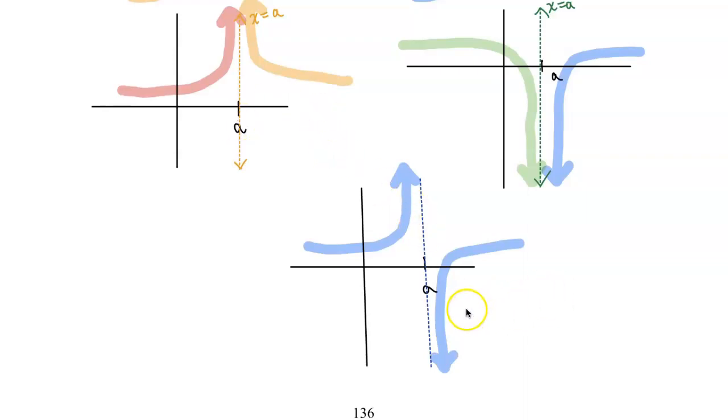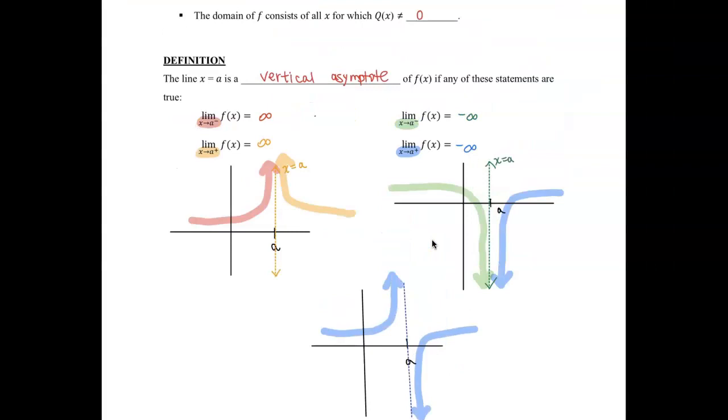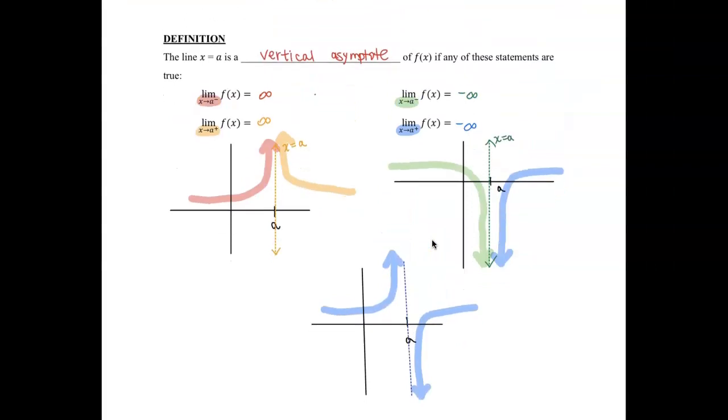So if you see that kind of behavior around the vertical line, that's what we call a vertical asymptote. I'll talk about how you can find the vertical asymptote by looking at the equation, but that's how you can find where a vertical asymptote is happening from a graph.